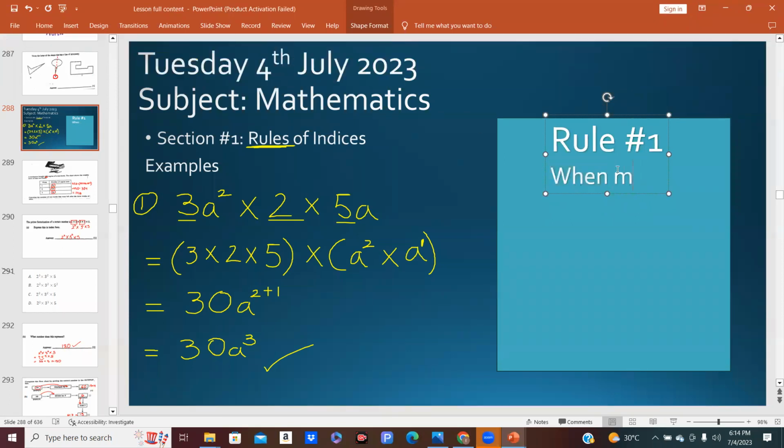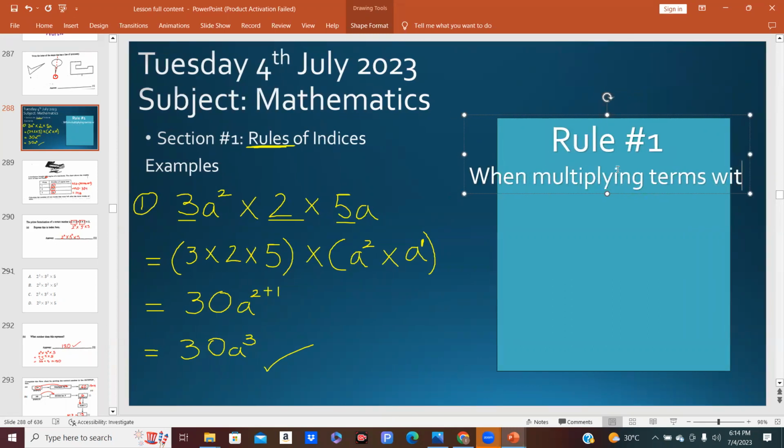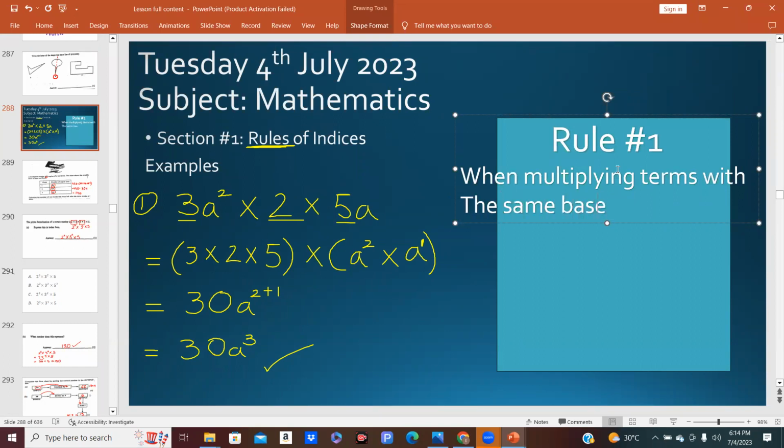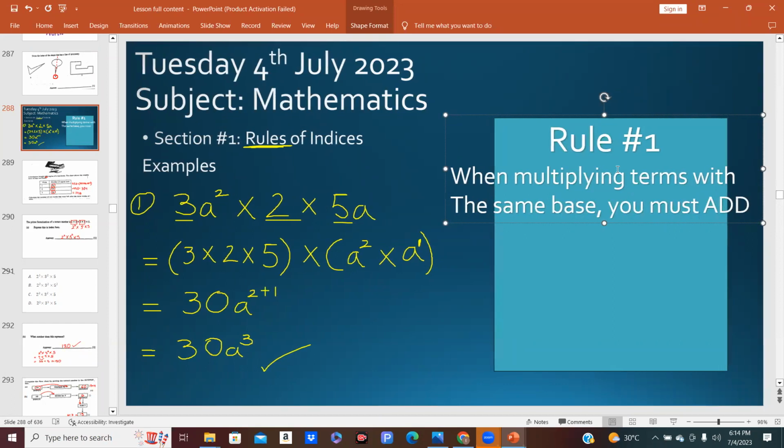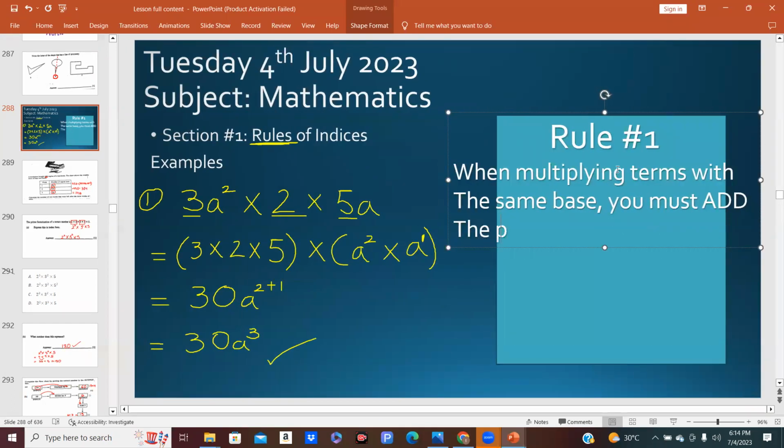So the rule says when multiplying terms with the same base, you must what? Add the what? Add the powers. So that's the rule.